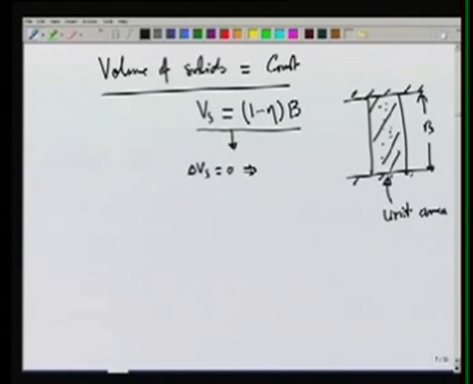And this would imply that B times minus delta eta plus eta delta B is equal to 0. So from here we can obtain delta eta, which is the change in porosity. We can relate it with change in the formation thickness B.